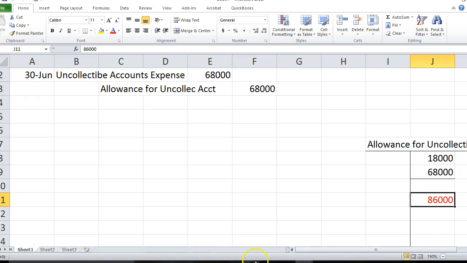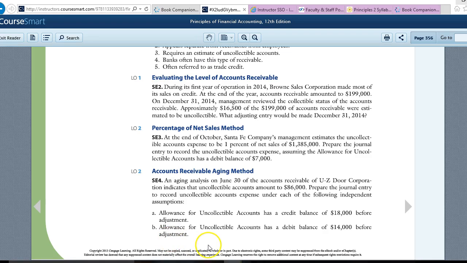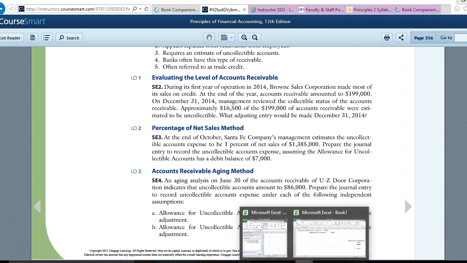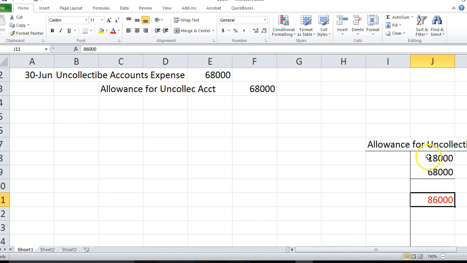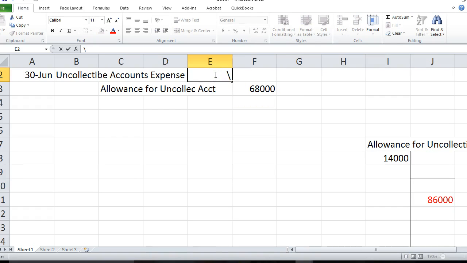Now, let's go back and see our next example. Allowance for uncollectible accounts has a debit balance of $14,000 before the adjustment. So instead of this being 18 credit, it's a $14,000 debit. What do we need to do in order to end up with an $86,000 credit?